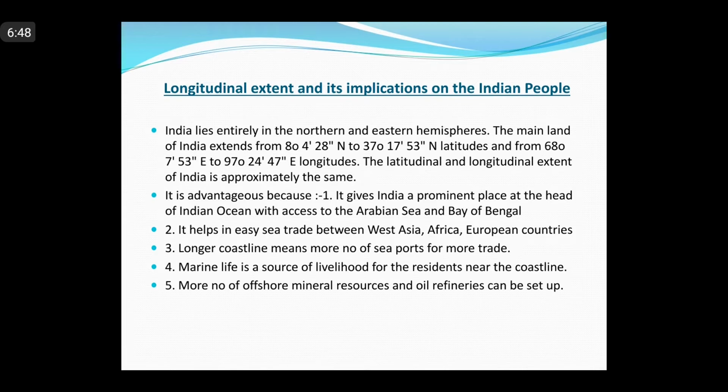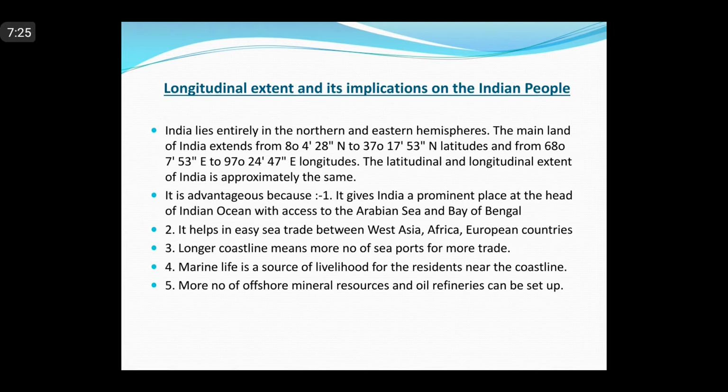More offshore mineral oil and oil refineries can also be set up. You must be knowing that the Reliance company has discovered large reserves of oil in the Krishna and Godavari basins.